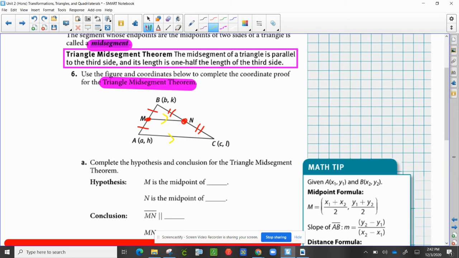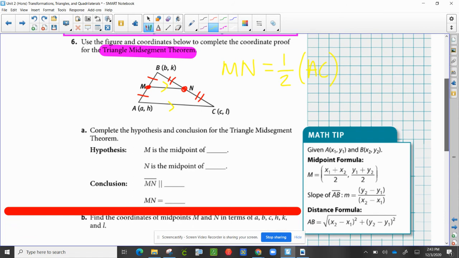So that means MN is 1/2 the length of AC, if it's a mid-segment of a triangle. I know we were done with triangles, but this is the only thing with triangles that we're going to do now. So the mid-segment is 1/2 of that third side, the longer side beneath it.